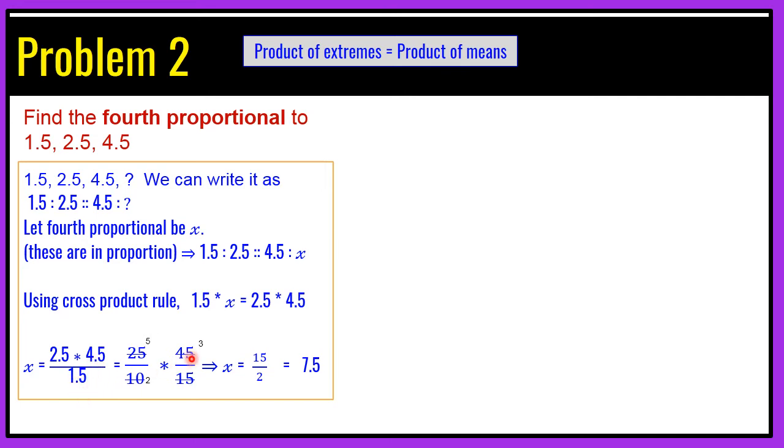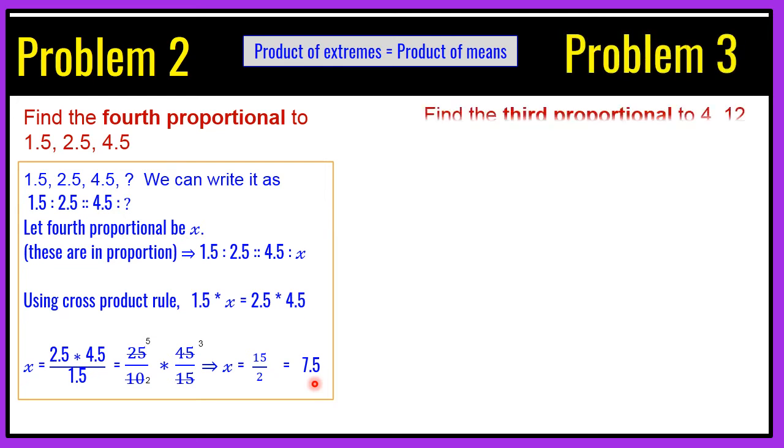So it will be 45 by 15. Let's cut it out. How can we do this? 15 and 45. So 15 will cut 45, we'll get 3. 5 can divide 25, so we'll get 5, and 5 after cutting this 10 we get 2. So it will be numerator 5 into 3 and denominator 2. So we'll get 15 by 2. I can express it as decimal. X is equal to 7.5. This is the answer. Let's see another problem.